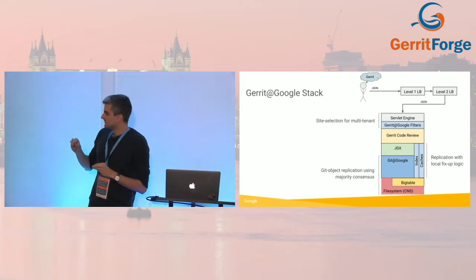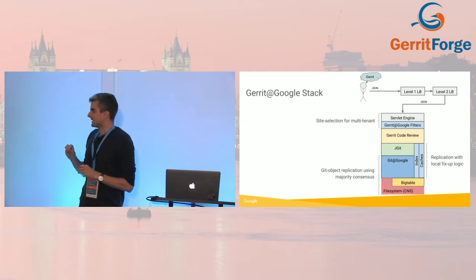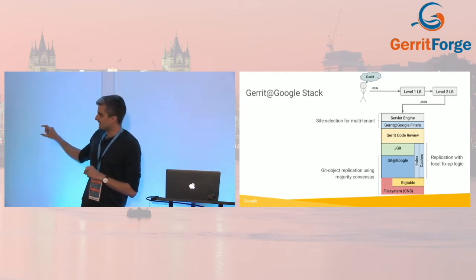But if you say there is magic happening, then the magic is probably happening at the Git layer at Google, which does a majority consensus across all the cells. So when you are pushing anything that is Git, or with NoteDB anything that is a review, the system tries to achieve a majority in all the cells and write your objects to the majority.